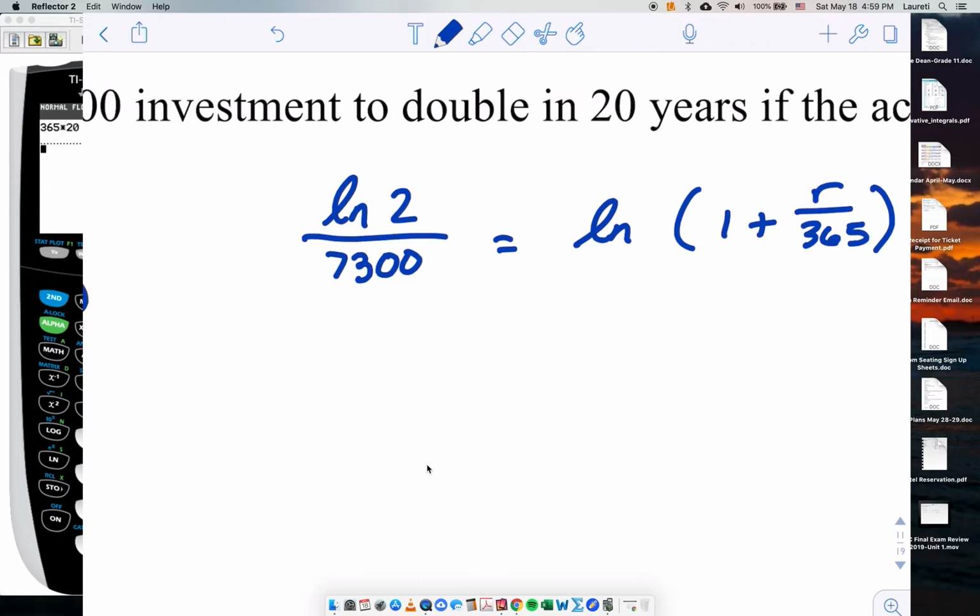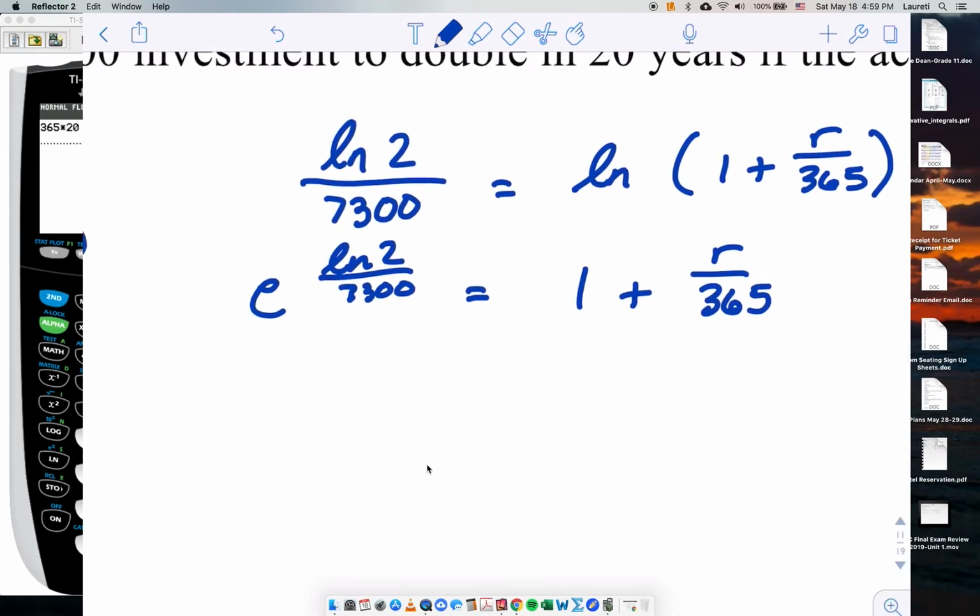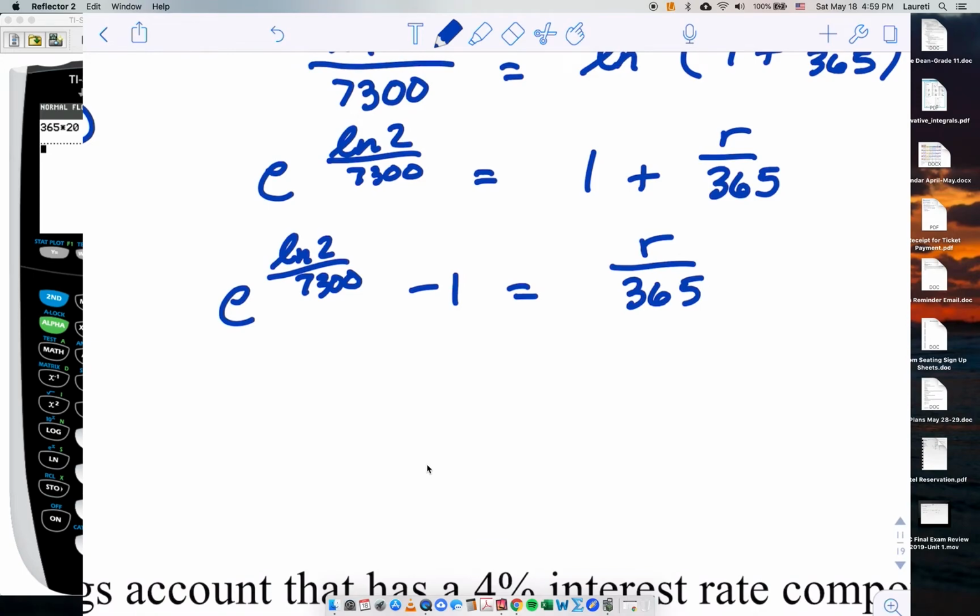Now, in order to get rid of the natural log on the right side, I need to raise both sides with E. So it's E to the natural log of 2 over 7,300 equals 1 plus R over 365. You're going to subtract the 1, and then multiply by 365. So R equals 365 times E to the natural log of 2 over 7,300, minus 1.